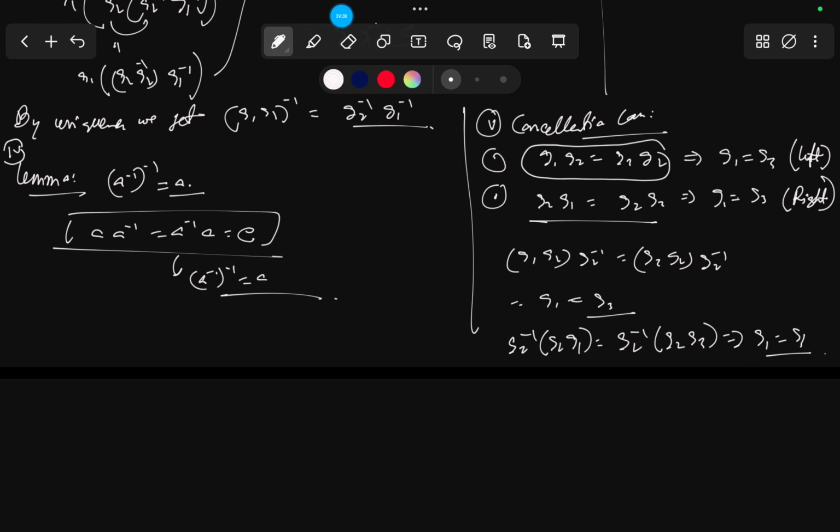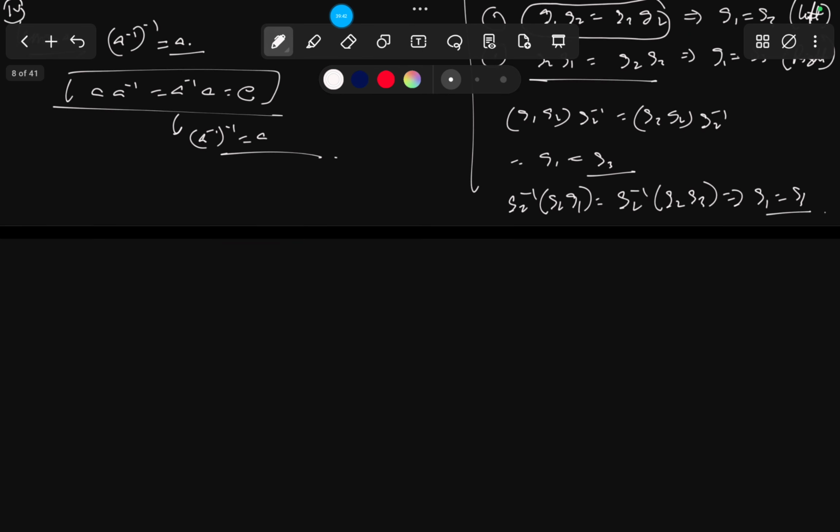Now there is a basic notation. Suppose G is a group.